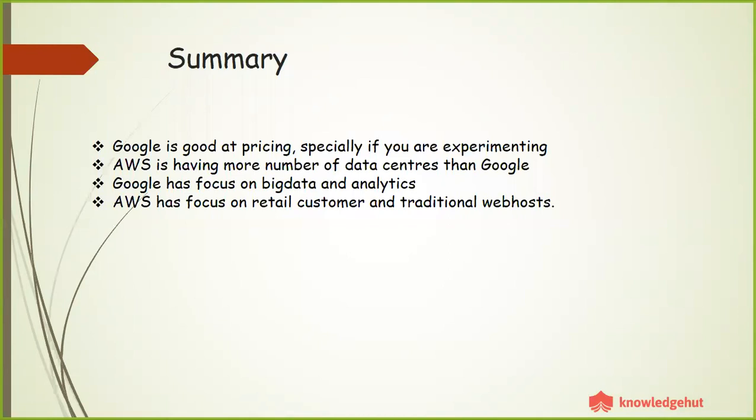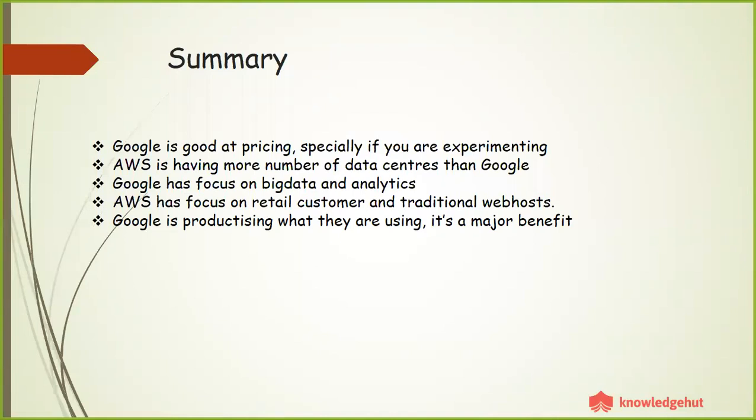While AWS is mostly caring for retail customers, they are trying to create lots of services around common use cases. Even just last year, they launched a new service where you can create a new server on a monthly basis, like traditional web hosts were doing. So Google is productizing what they are using.